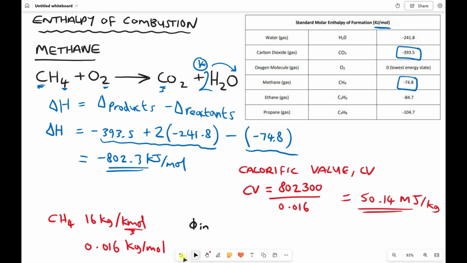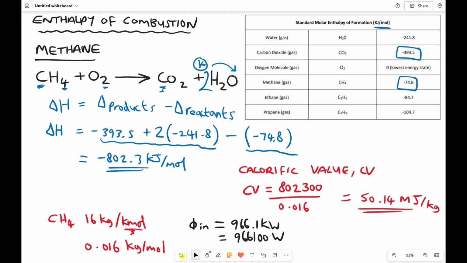Now for the purpose of this video, I'm going to reuse the value of Q_in, or the heat input, from the previous video. Now our heat input value there was 966.1 kilowatts. Or in SI units, 966,100 watts.